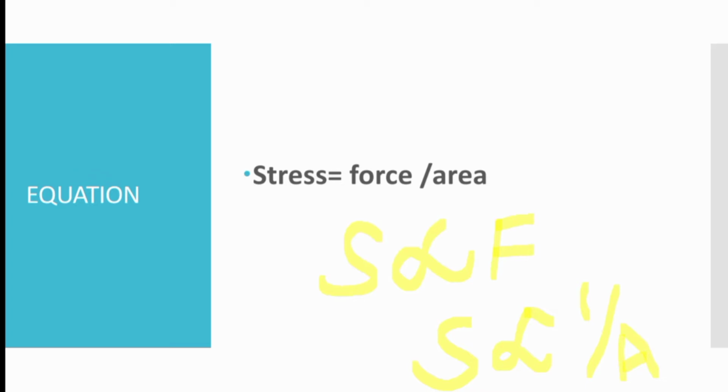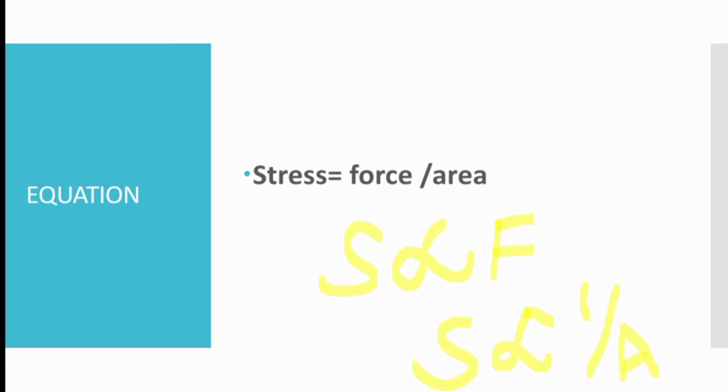Moving to the equation of the stress. Stress is force per unit area. From this equation, if we analyze this, it is clear that stress is directly proportional to force and it is inversely proportional to area.